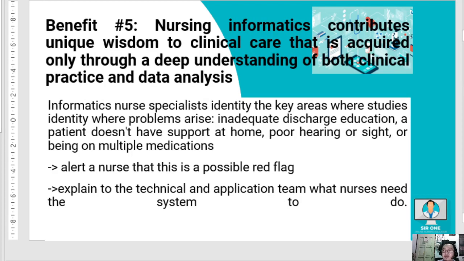Then benefit number five: nursing informatics contributes unique wisdom to clinical care that is acquired only through a deep understanding of both clinical practice and data analysis or technology. As a nursing informaticist, you identify the key areas where studies show problems arise.